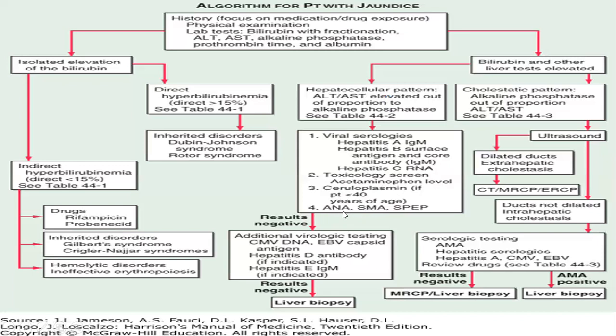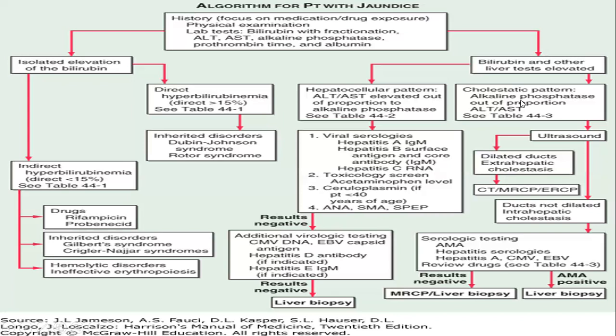Usually ANA, SMA, and SPEP, usually in systemic lupus erythematosus. Okay. Now, additional virologic testing would be determination of hepatitis B and hepatitis E. And eventually, if this gives us a normal or negative result, the last step would be an invasive evaluation via liver biopsy. This is the last, no?